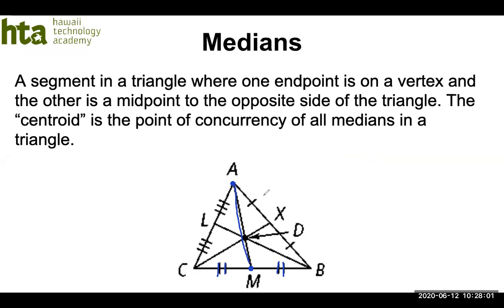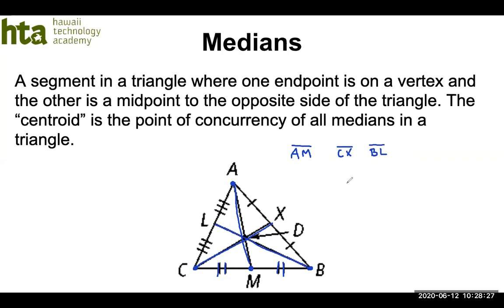Vertex to a midpoint. So AM is a median. All right, another median starts at a vertex C and goes to the midpoint X. So CX is also a median. And starting at the vertex B and going to the midpoint L is also a median.